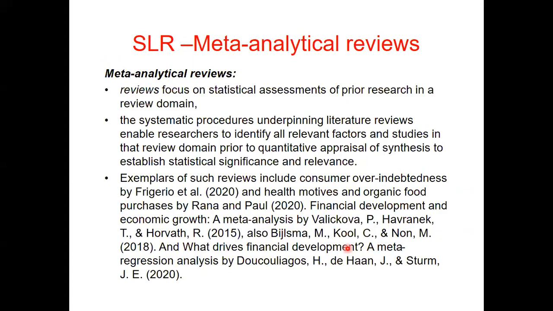Now, out of which you have a systematic procedure underpinning literature reviews, which enables researchers to identify all relevant factors and studies in that review domain. And then you quantify those findings systematically, either by classical meta-analysis or by meta-regressions, etc.